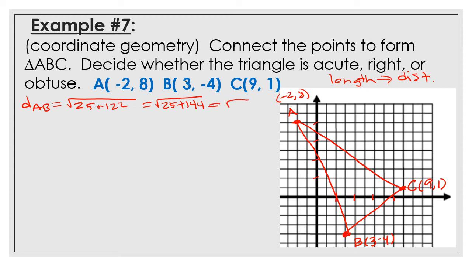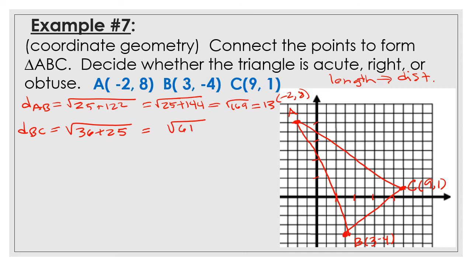So the square root of 25 plus 144 is 169. And the square root of 169 happens to be 13. That's beautiful. Now the length of BC is going to be the square root. If I subtract those, I get 6, and 6 squared is 36. If I subtract those, I get 5. So we end up with the square root of 36.